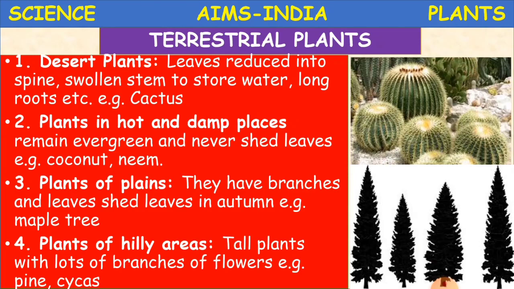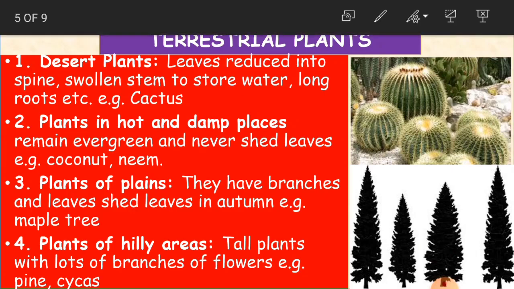It comes after winter, and in this season they shed their leaves. Again after autumn they start getting new leaves. For example, maple and oak trees live on the plains, and they shed leaves in the autumn season.